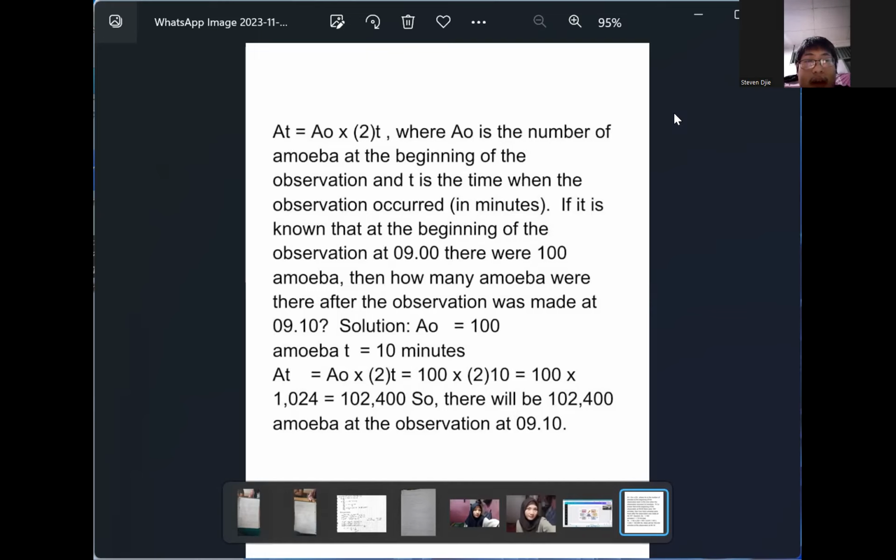If it is known that at the beginning of the observation at 9 o'clock there were 100 amoebas, how many amoebas will there be after the observation is made at 10 past 9?